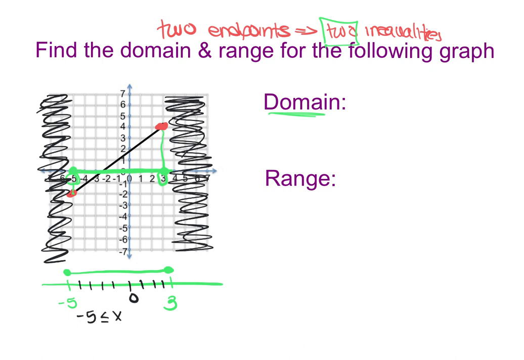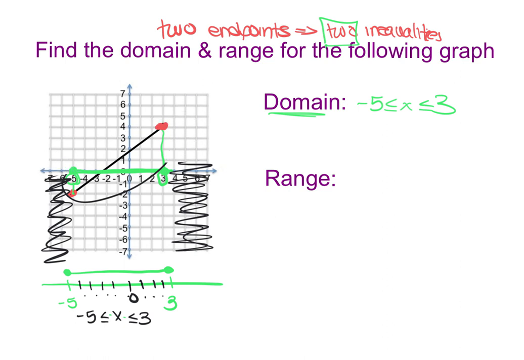So x is going to be on the bigger side of -5 because we need it to fall somewhere in this range in order to be on this line here. And then x is going to be on the smaller side of 3. So notice that x is on the bigger side of -5 in this statement. You can see it's on the open side and on the smaller side of 3. And that's how we go about representing our domains and our ranges when they're sandwiched between two values. You can see x is on the bigger side of -5 and the smaller side of 3.